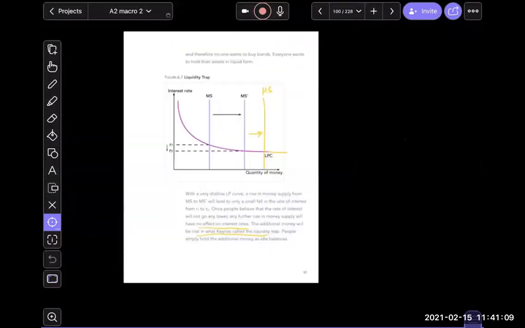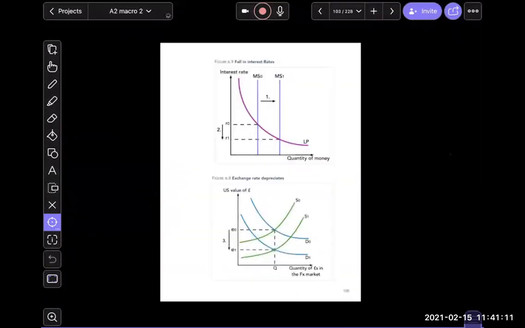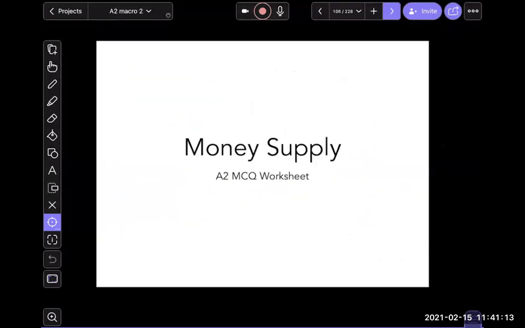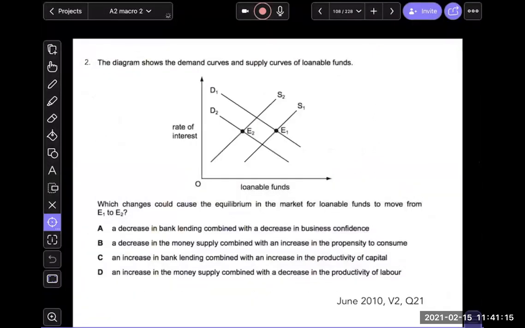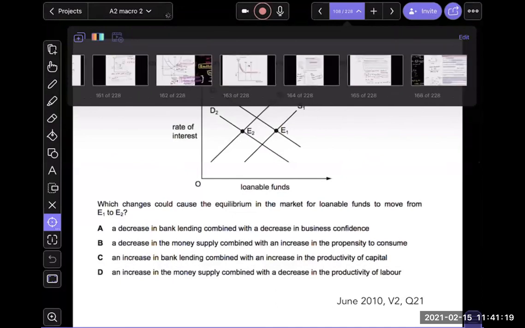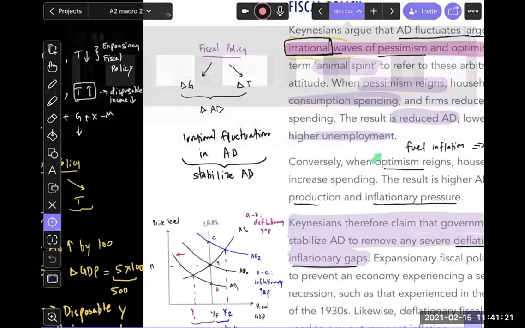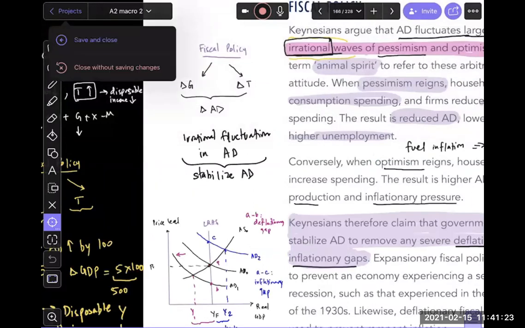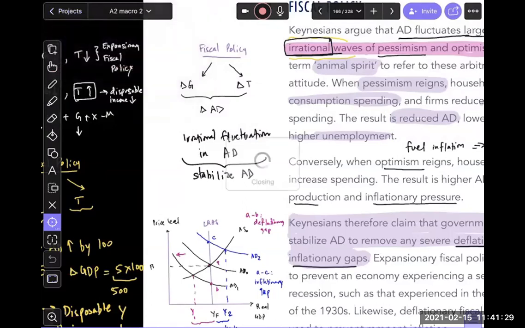We'll discuss those. Then we move on to talk about supply side policies and unemployment. So over the next few months, things will happen a lot quicker because we're done with this framework.